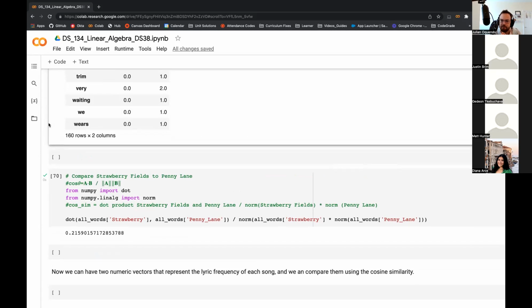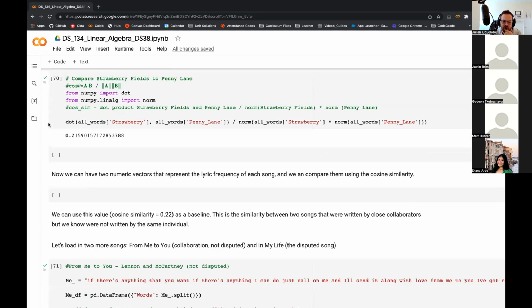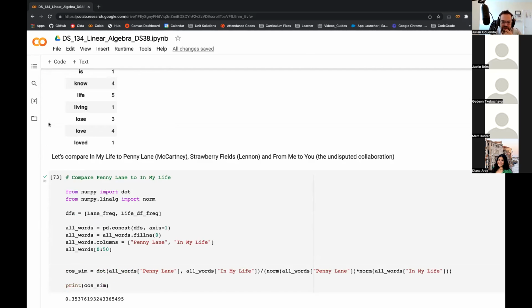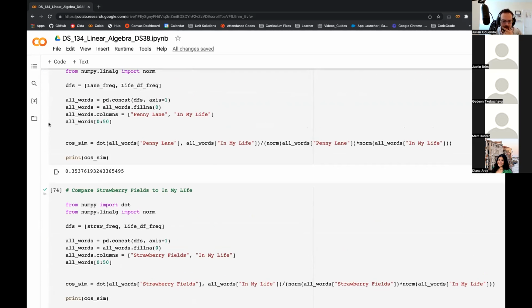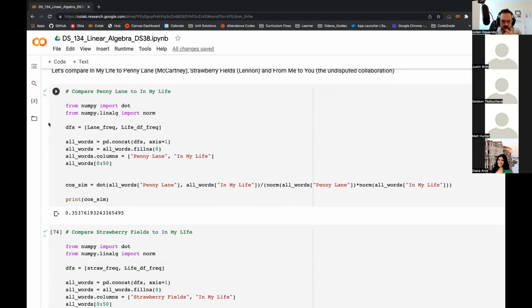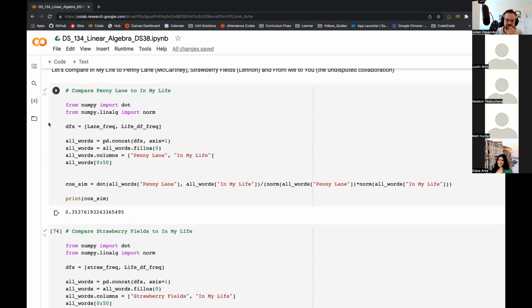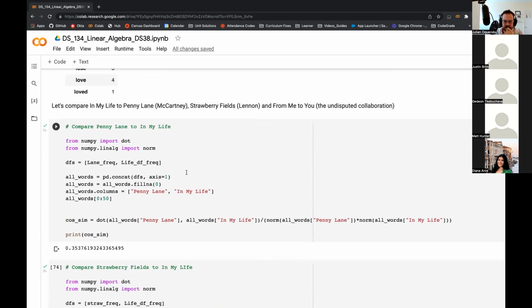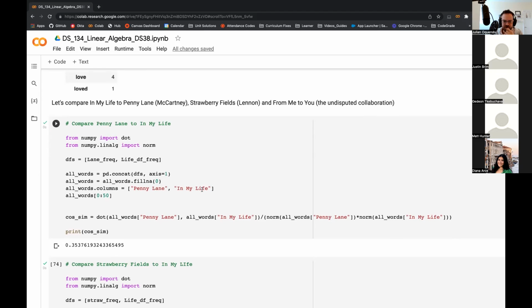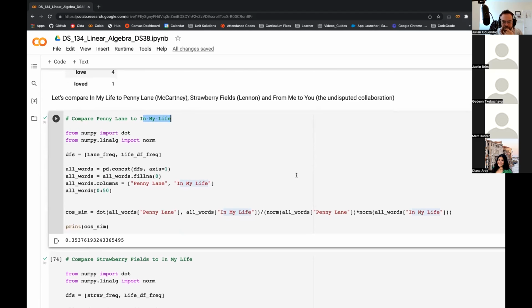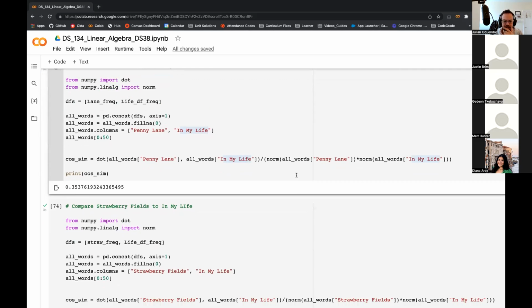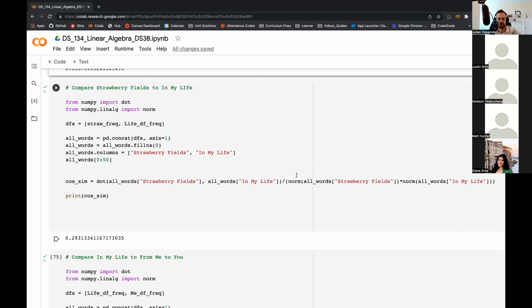And with that different baseline, how significant could these similarities be for these additional values? As you can see, even when we're working with the songs that they all wrote individually to compare to the disputed song, do we determine that those songs are representative enough of their actual oeuvre?